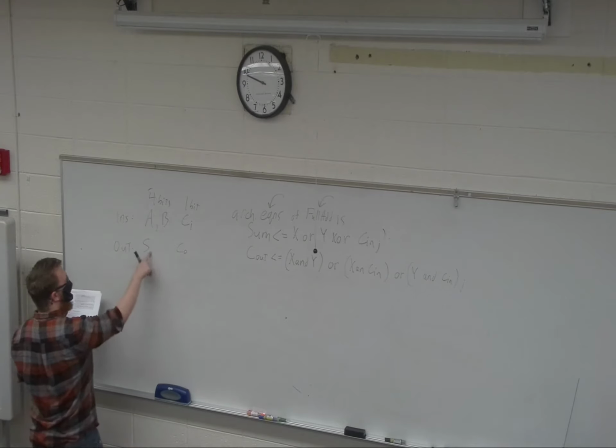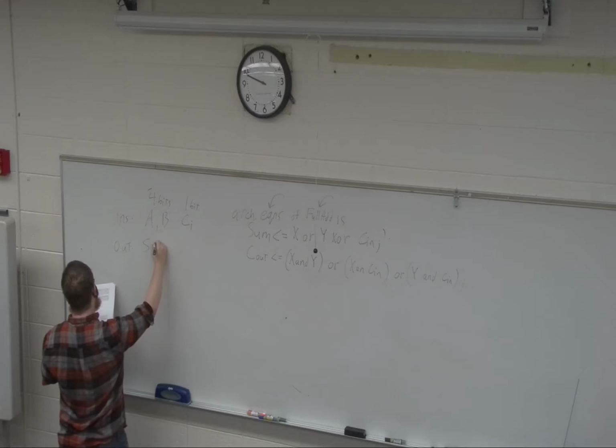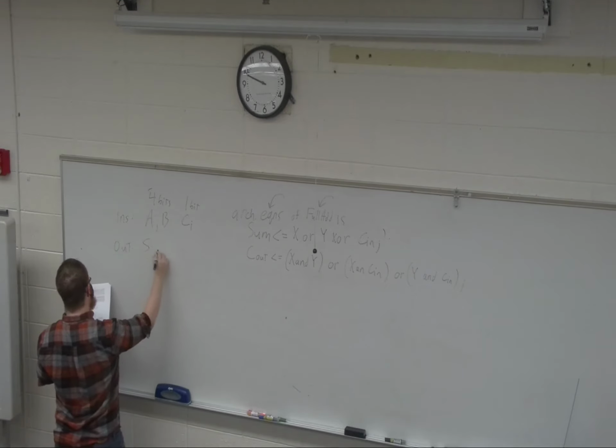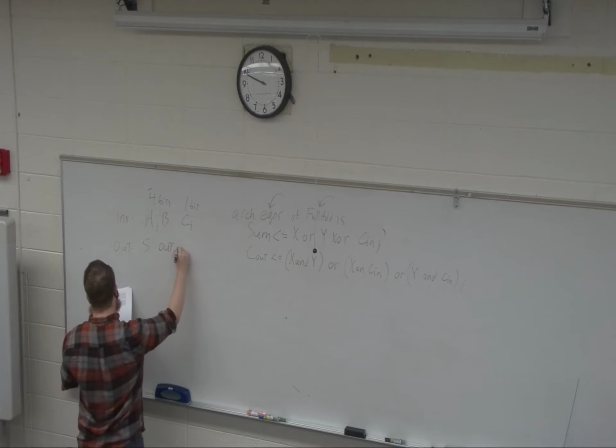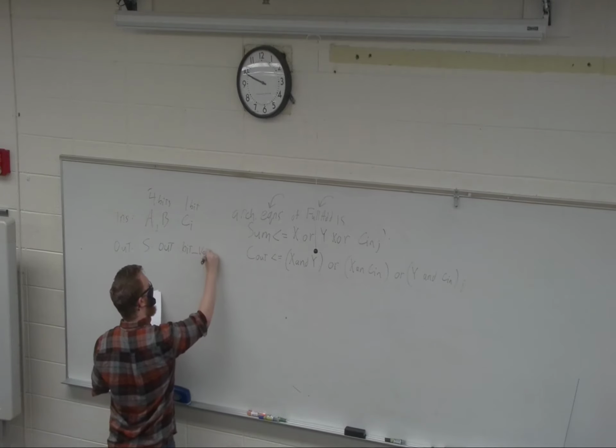When I define these, because I want it to be 4 bits, I write S is out. Type is bit vector.